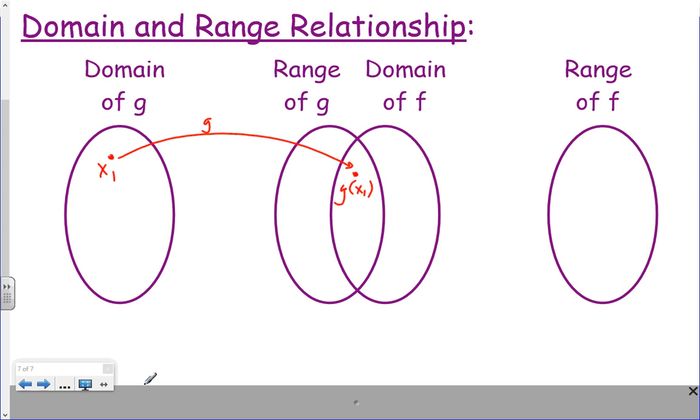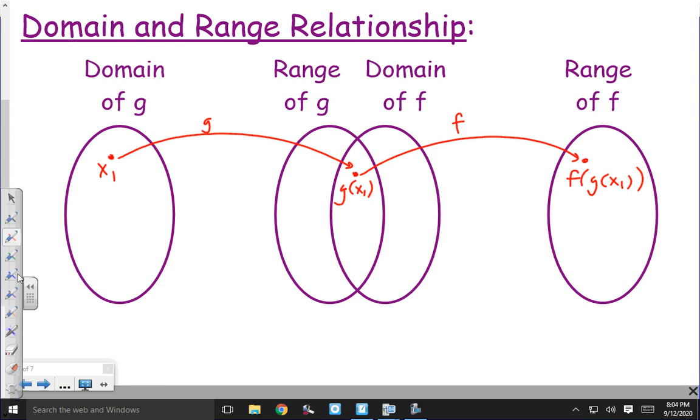That means, since it's in the domain of f, I can take that value and plug it into function f, and I end up with some point over here that will be f of g of x sub 1. Every time we did a composition and we were able to plug a value into g and then plug that result into function f and get an answer, this is what was happening.